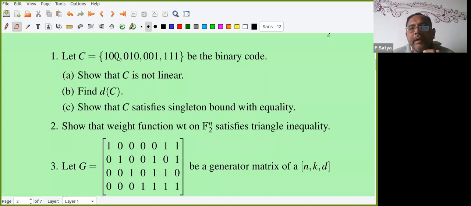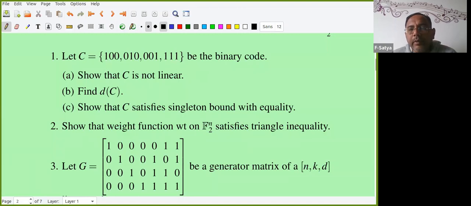Okay. Why is it not a subspace? Rutuja, why is it not a subspace? You know vector spaces and subspaces, right? I think you may be facing a problem with that.